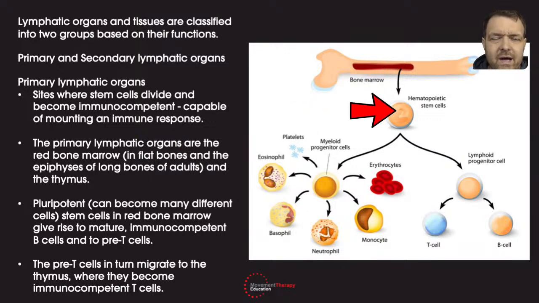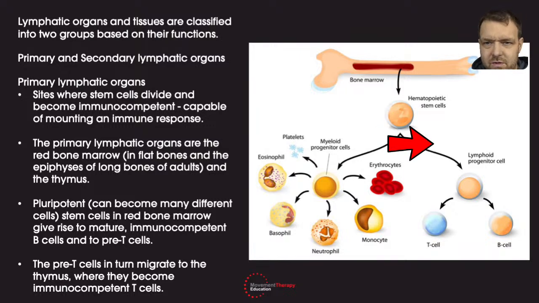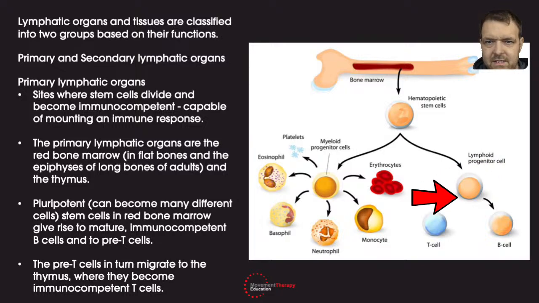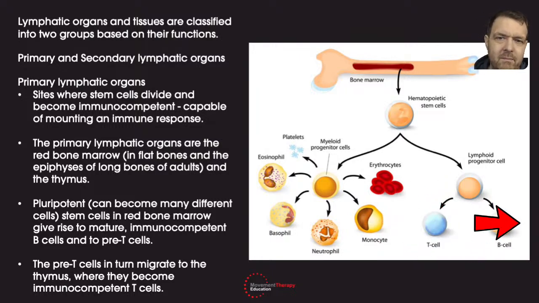And we've got a stem cell that isn't differentiated. So it can become whatever you want it to be. And in terms of lymphoid tissue, in this particular example, going in this direction, the stem cell will differentiate into a lymphoid cell. And at this point, it doesn't know what it wants to be. So depending on what the body needs, it will either become a T cell or a B cell.